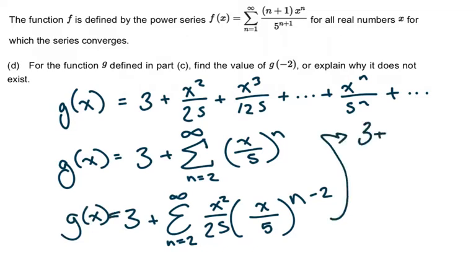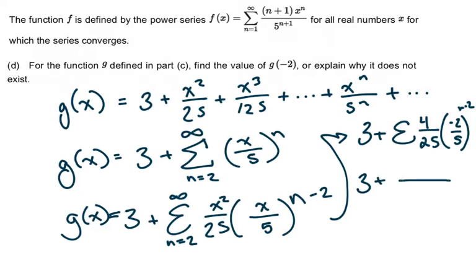So then it becomes 3 plus 4 over 25, because that's -2 squared, times -2 over 5 to the n minus 2, and then we can plug that into the a over 1 minus r, like so, and do a little bit of evaluation on our calculator.